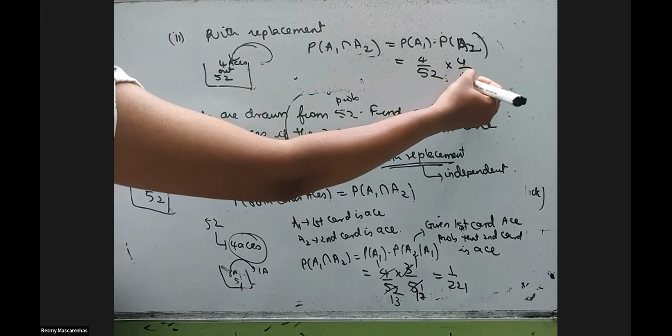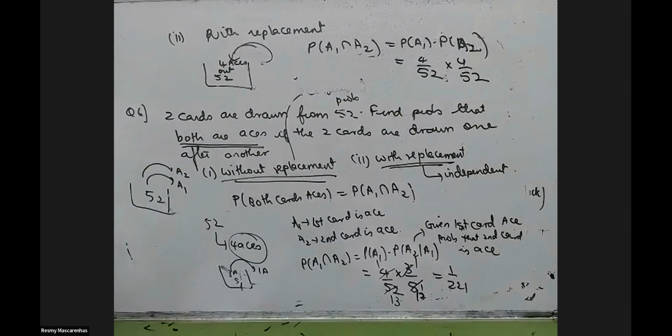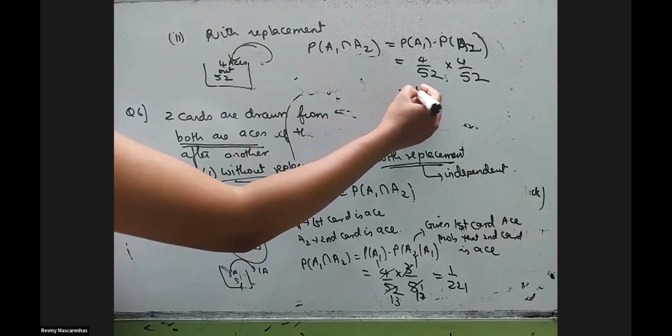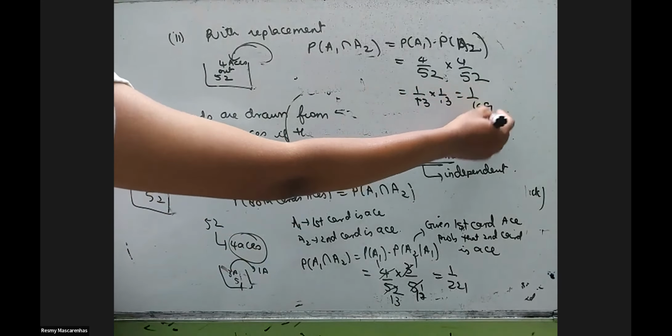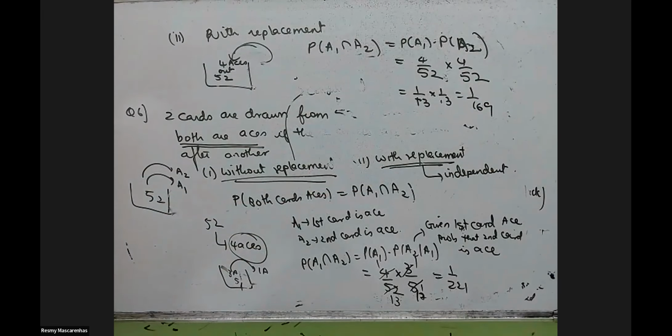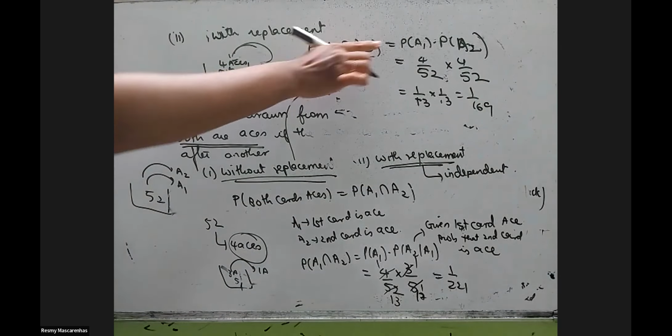So again 1 by 13 into 1 by 13, that is 1 by 169. This is with replacement. You have to always take independent events, straight away just multiply.